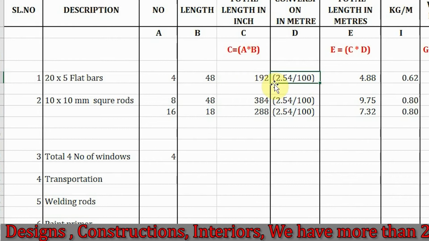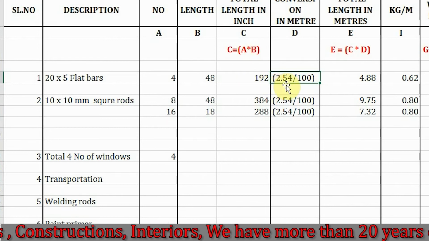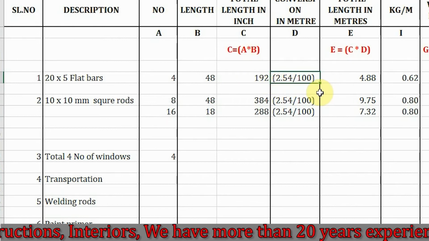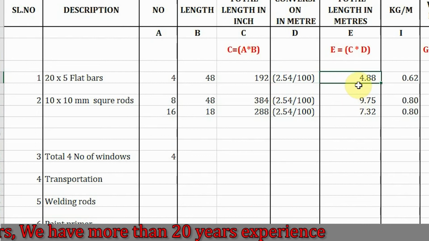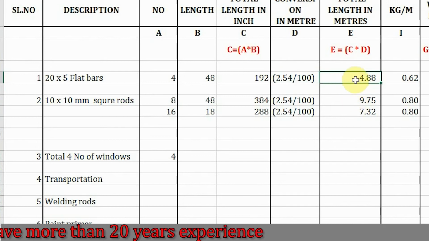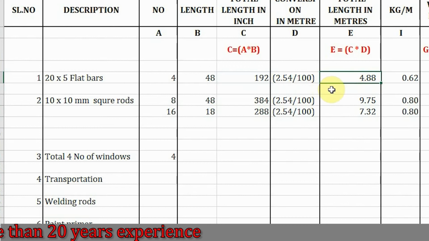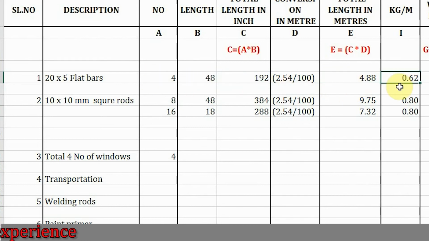So 192 into 2.54 divided by 100 is equal to 4.88 meters. So 4.88 meters is my flat bar.